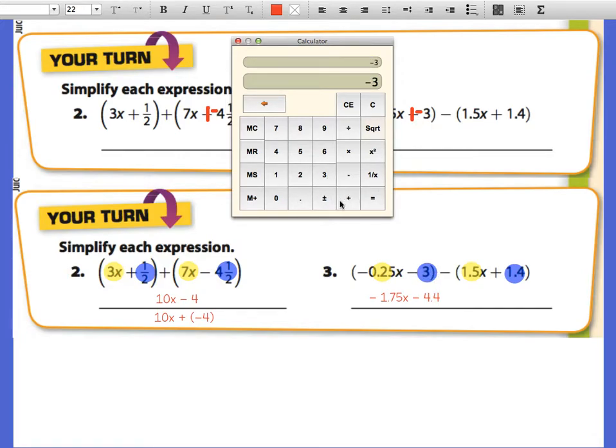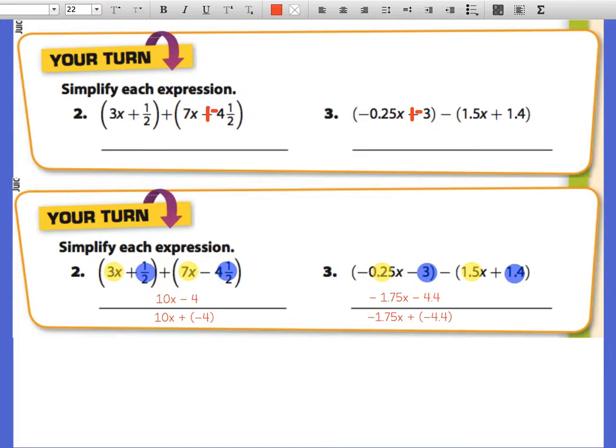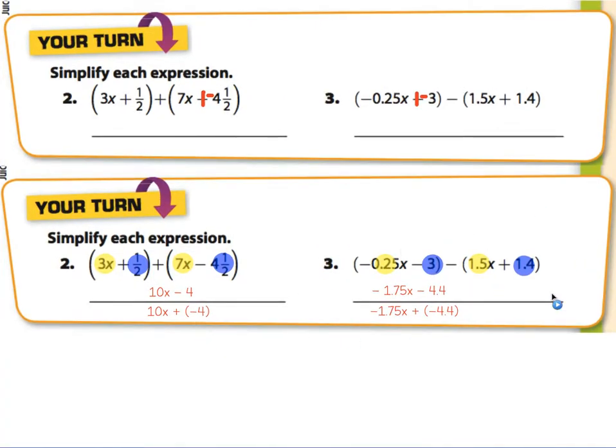So now I have negative 3, and I'm subtracting a positive 1 4/10, which will give me a negative 4 4/10. So again, I could have had negative 1 75 hundredths x plus a negative 4 4/10. Both of these would have been correct. However, you're more so going for the first ones. Again, we'll continue practicing with these. However, you've got to get used to working with positives and negatives and fractions and decimals.